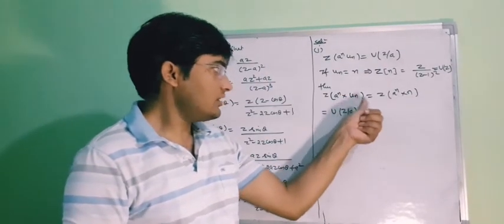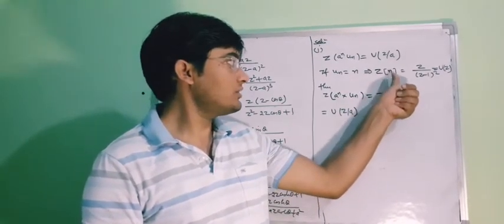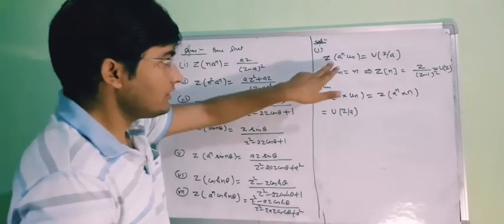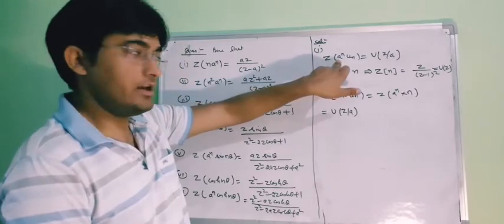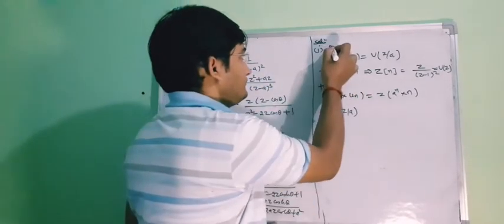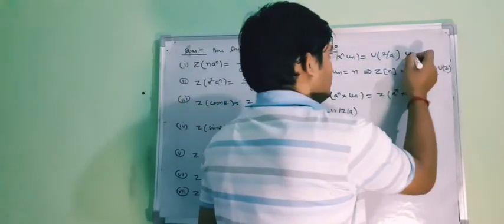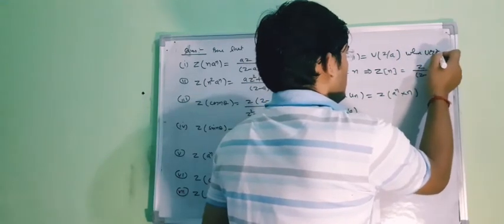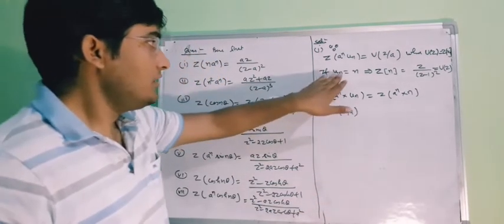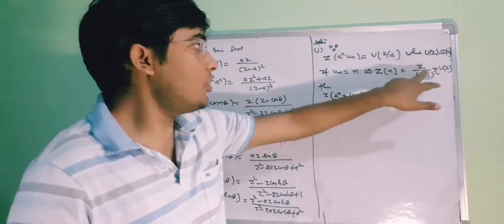In our case, our un is n, so your uz means the Z transformation of n. Now here, if you put un equal to n, then your uz will be the Z transformation of n.